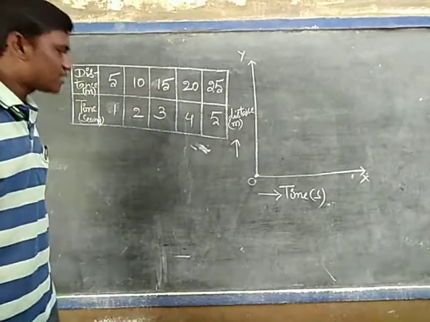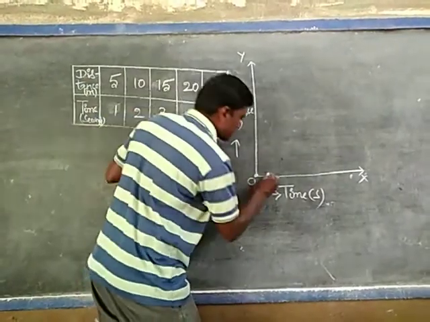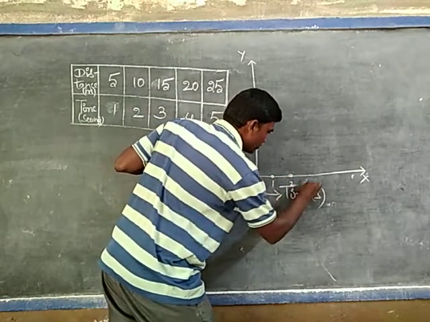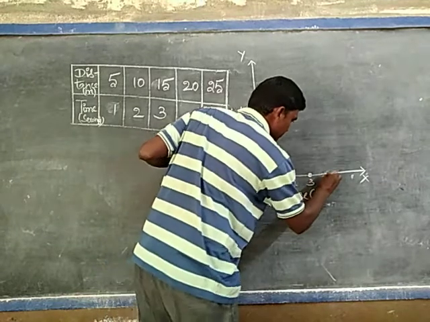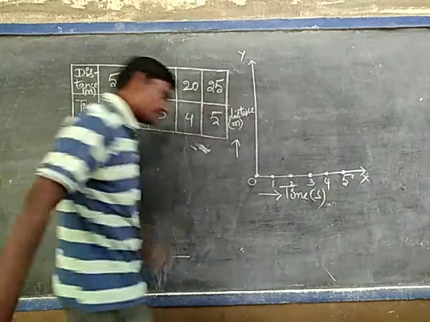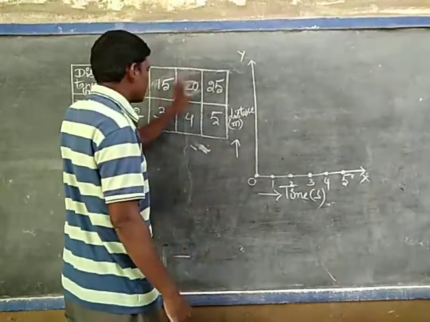Everyone starts with 0. Here time is around 1 to 5: 1, 2, 3, 4, 5.